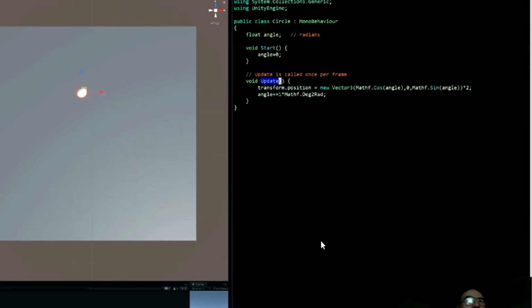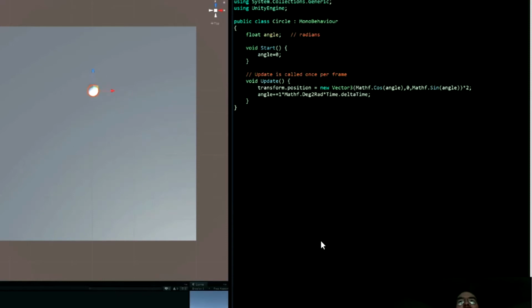So we need to worry about timing, because this is on an update. The update is happening, say, about 60 times a second. So this is not 1 degree per second. This is 1 degree every 60th of a second, or I guess it's 60 degrees per second, which looks about right.